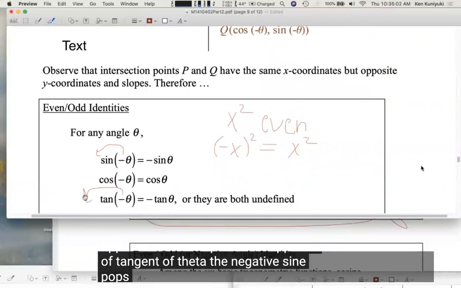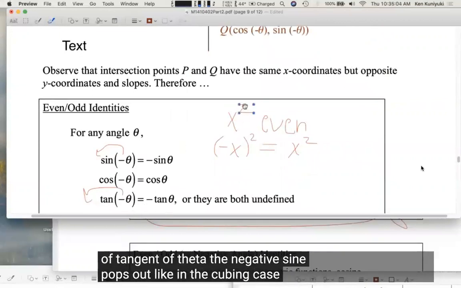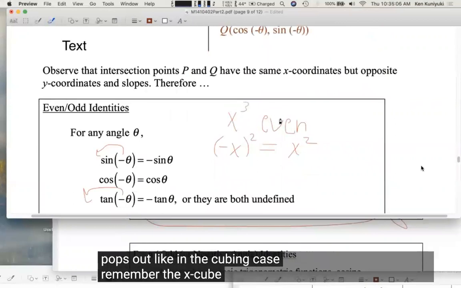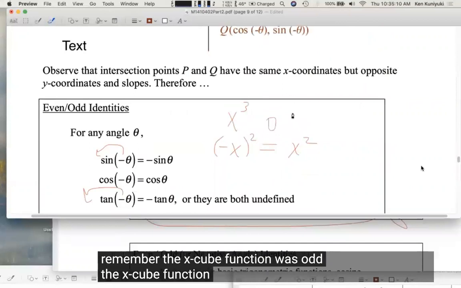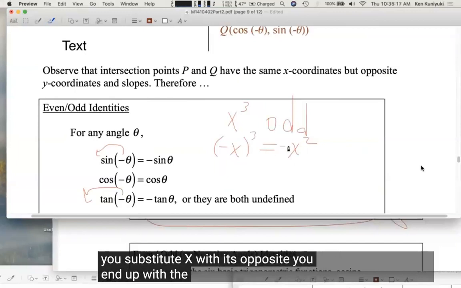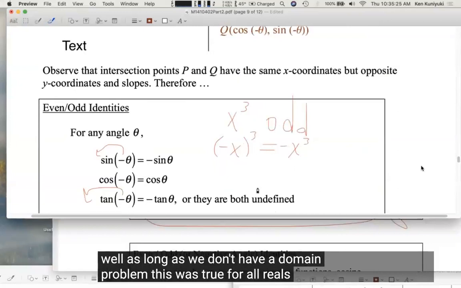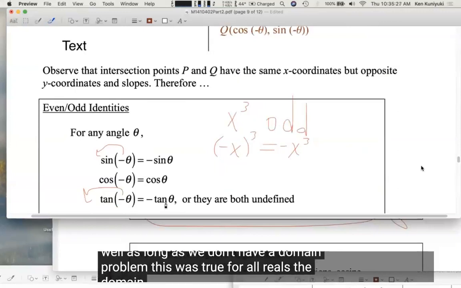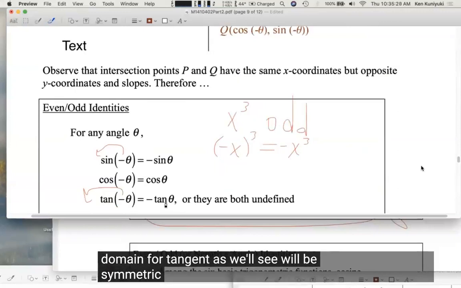The negative sign pops out, like in the cubing case. Remember, the x cubed function was odd. The x cubed function is odd because when you substitute x with its opposite, you end up with the opposite. In this case, well, as long as we don't have a domain problem. This was true for all reals. The domain for tangent, as we'll see, will be symmetric about 0.